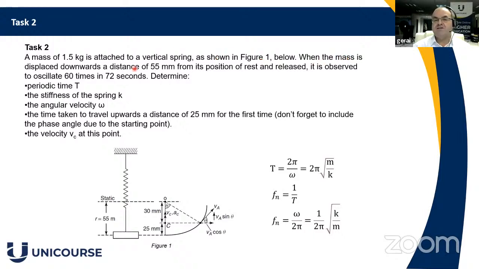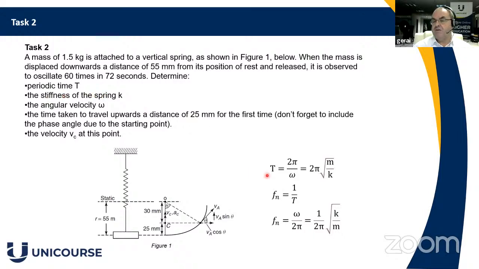When the mass is displaced downwards by 55 millimeters from its position of rest, from its equilibrium position, it's observed to oscillate 60 times in 72 seconds. Determine the periodic time, T. The periodic time is simply 72 divided by 60, isn't it? So it'll be 1 point something seconds. The second part was to determine the stiffness of the spring, k.